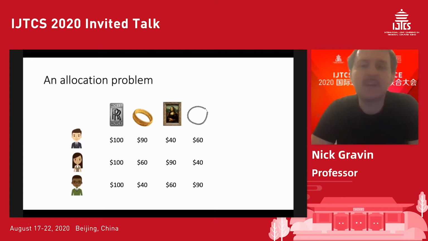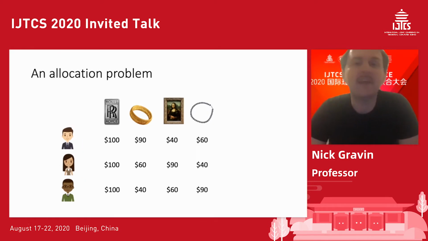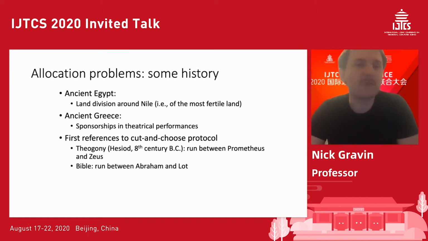If they get some set of items, let's say a ring and a painting, they get the sum. So that means that it's additive. So a ring and a painting will be 90 plus 40, 130.